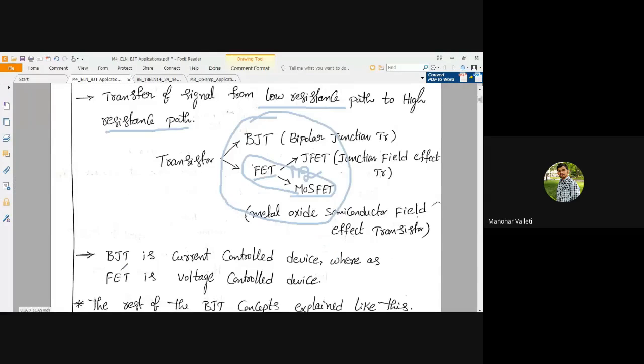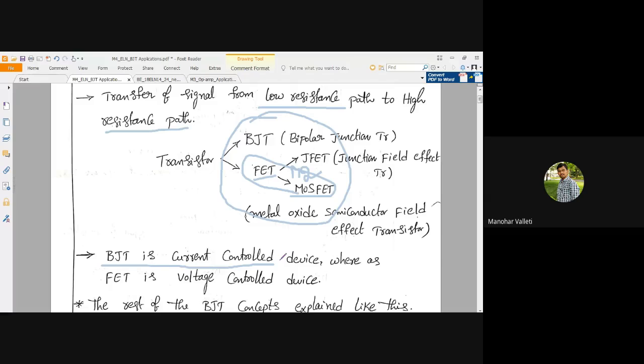And the important point regarding the BJT is that it is a current control device. I'm explaining in today's lecture, assuming that some of the concepts you already know from your earlier level, and I'm going to briefly revise those concepts and explain whatever sufficient knowledge is needed to understand the topic in the syllabus.